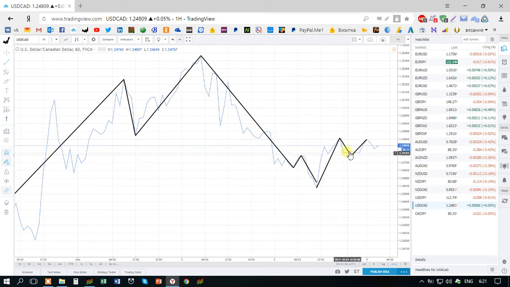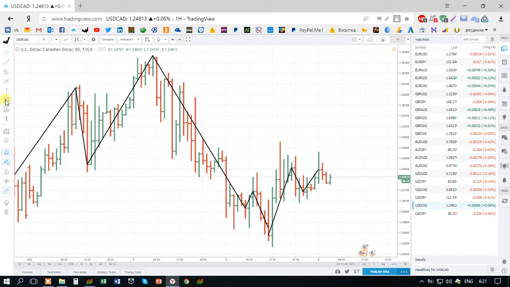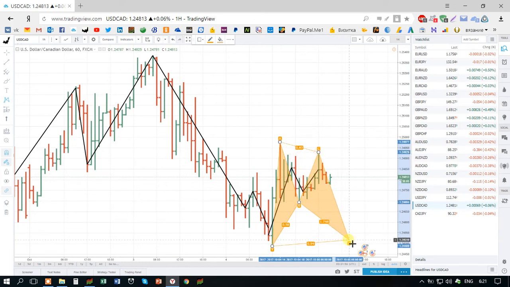So just look at this previous lower high, and now we'll have a new higher high. Okay, so this looks like forming letter M. Letter M is forming, and it brings us a pattern. X to A to B to C to D. It is a potential bat pattern.